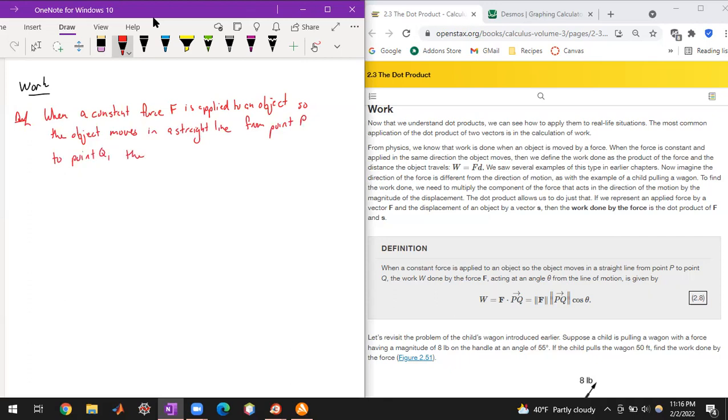the work done by the force acting at an angle from the line of motion.